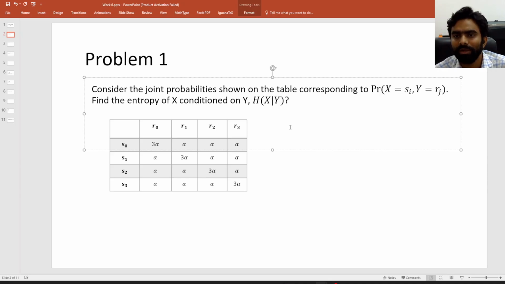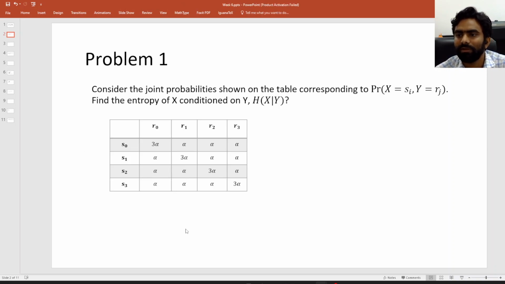You can also try this question. I will give you 1 or 2 minutes. See the property and solve directly using the property. Previously we solved it using the formula. Try by yourself, then I will show the answer.